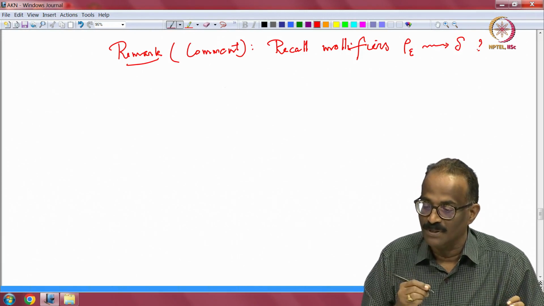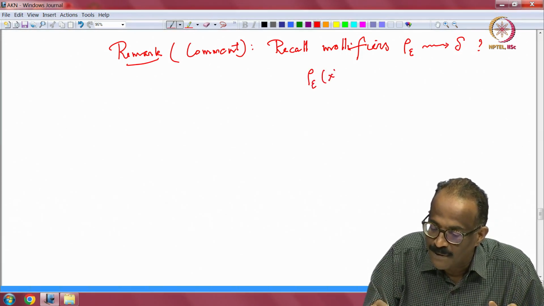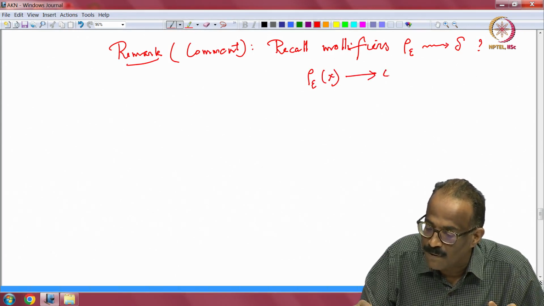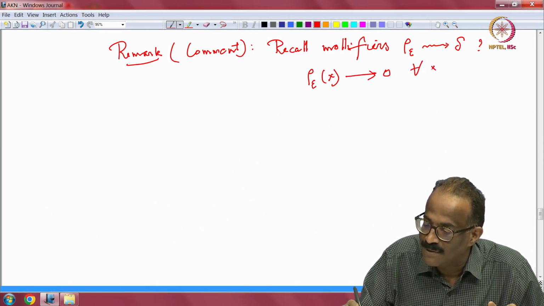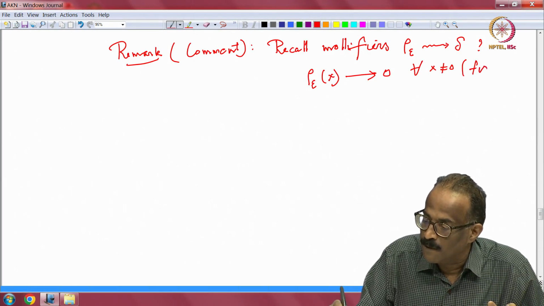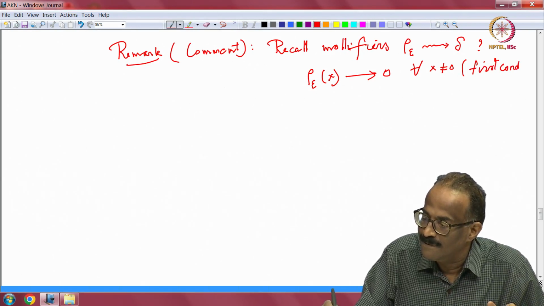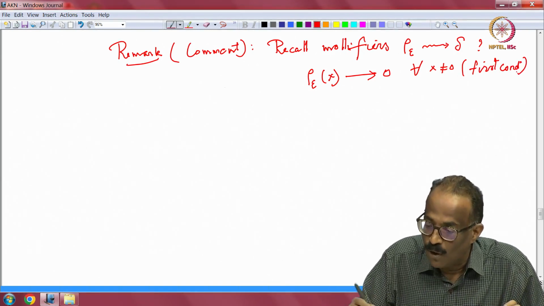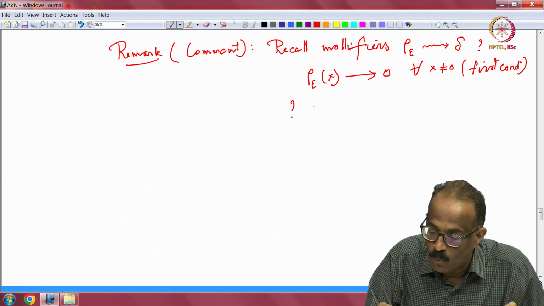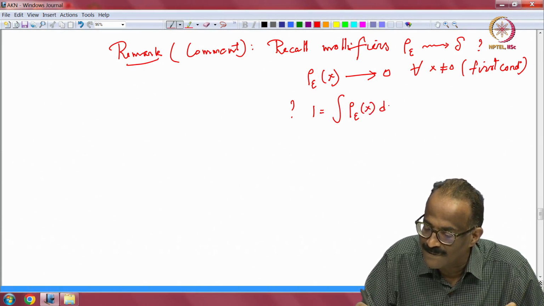What you have seen is that rho epsilon of x goes to 0 for all x not equal to 0. So, this is the first condition. But then you also want the second condition, 1 equal to the integral of rho epsilon of x dx.